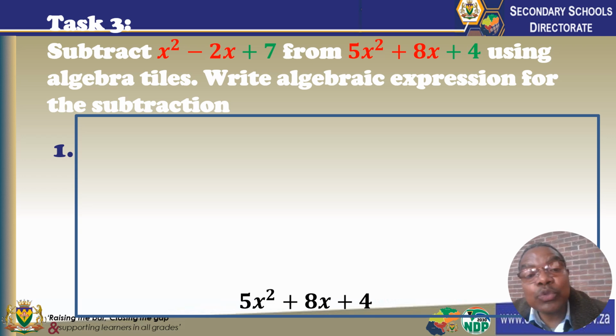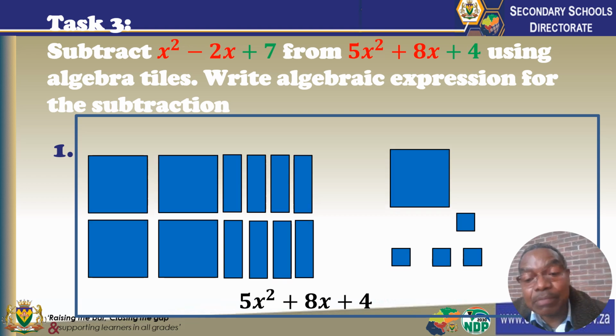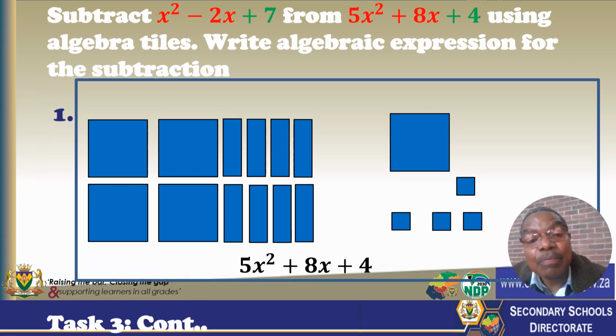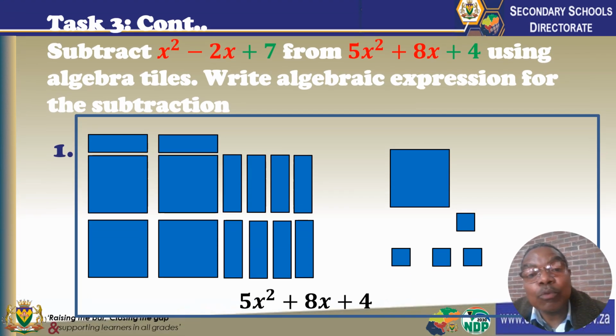Subtract x squared minus 2x plus 7 from 5x squared plus 8x plus 4 using algebraic tiles, and write the algebraic expression for the subtraction. So we have 5x squared plus 8x as our result. At the end, we must take away for this one. What we have here is 1, 2, 3, 4.